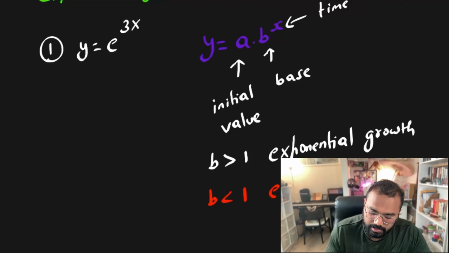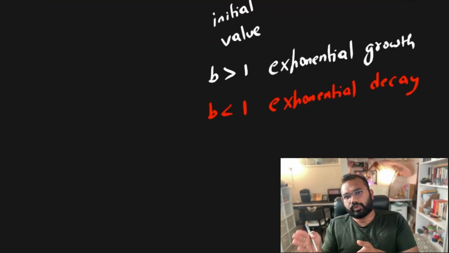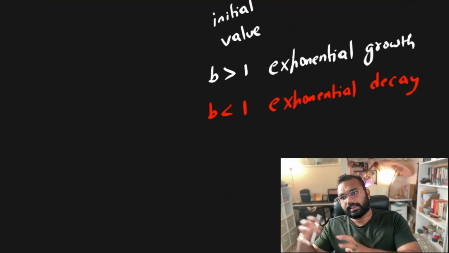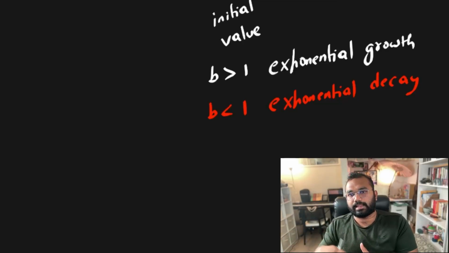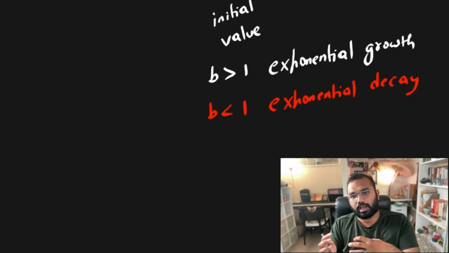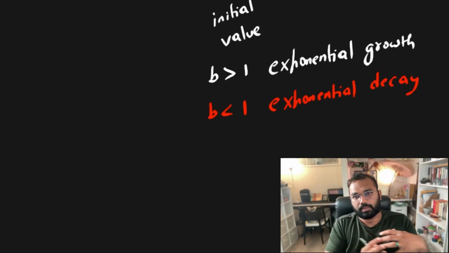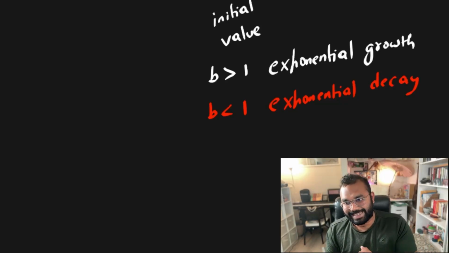What that means is, as the time goes, if b is greater than 1, your model is increasing. And as the time is going, if b is less than 1, your value will come down. So that is an exponential decay.